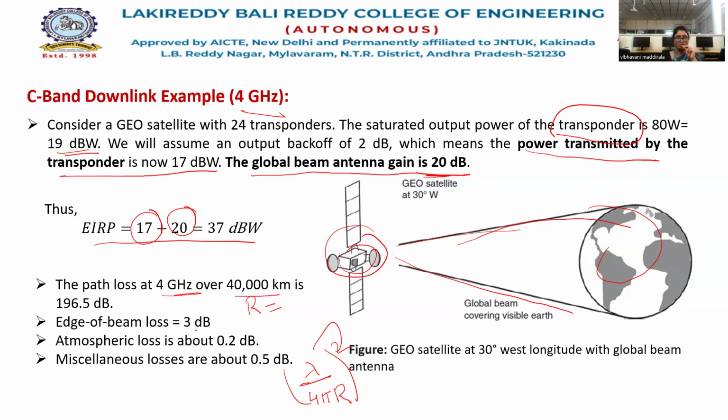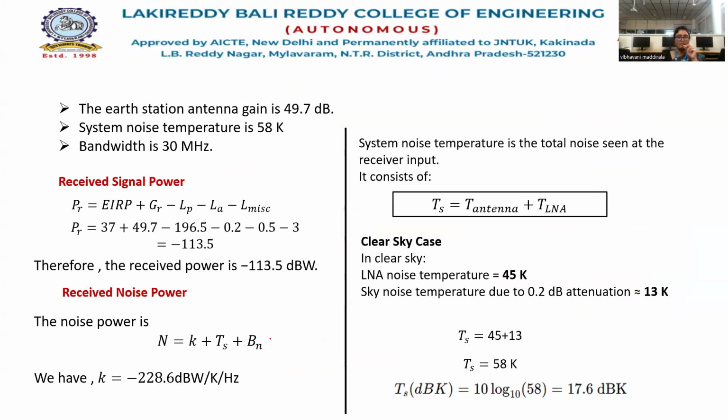and edge of beam loss is 3 dB. Edge of beam loss we also have to consider, and atmospheric loss we are considering as about 0.2 dB. Another miscellaneous loss is 0.5 dB. And at the station, the gain of the receiving antenna, GR, is 49.7 dB.